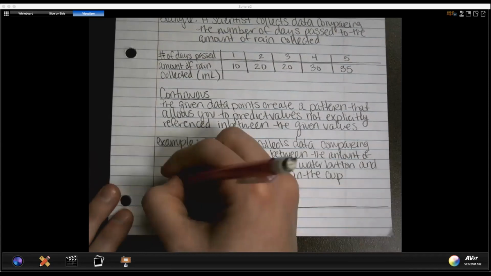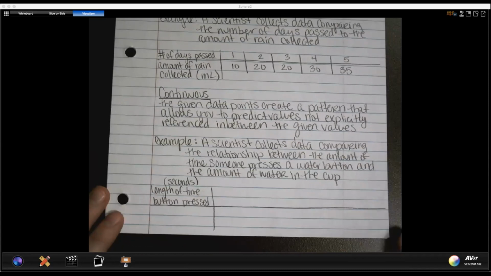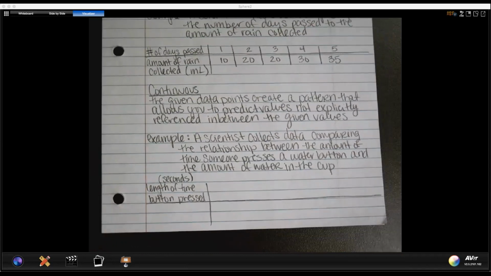Okay, and we'll say that's in seconds because that makes sense. What would be dependent on the length of time that the button is pressed in this scenario? Yeah. The amount of water in the cup. Good.